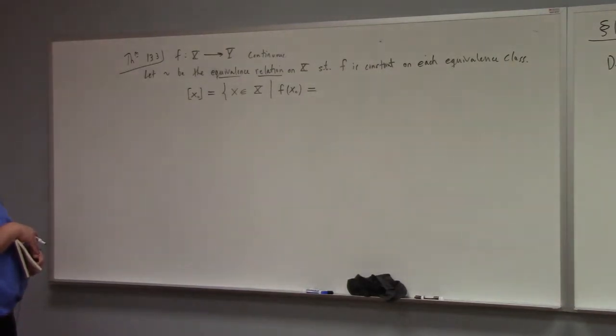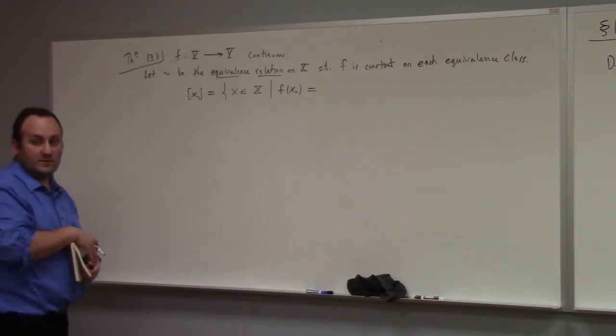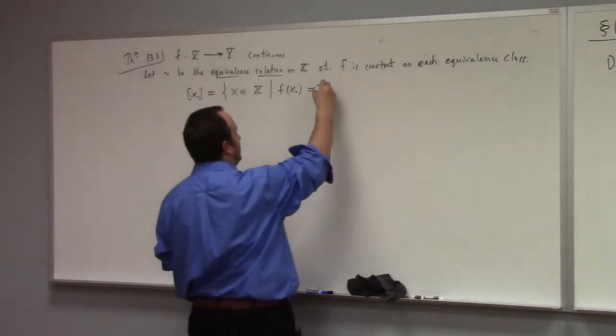I'm trying to write down as a set what he's said in a sentence. He said the equivalence relation on X such that F is constant on each equivalence class, right? So for x to be another point in the equivalence class of x naught, what does that mean? It means F of x naught has to be equal to F of what? F of x, right?